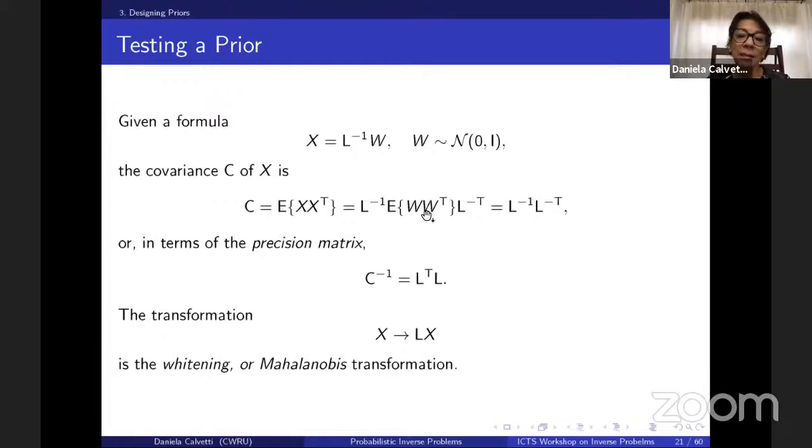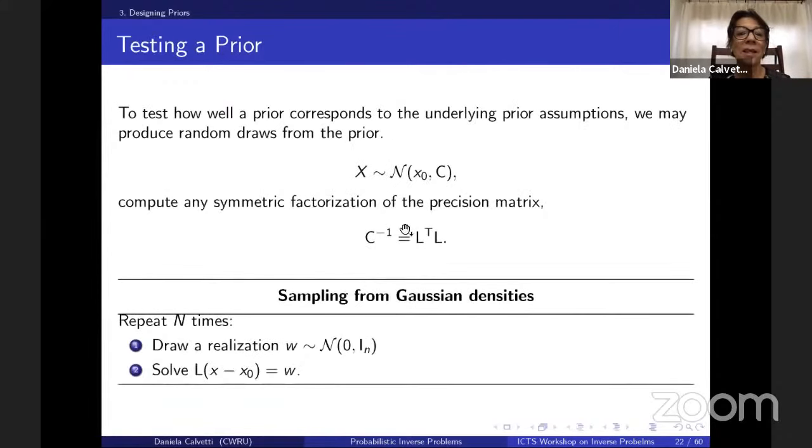If we have this relation, we can draw white noise and color it: we go back, draw, and then look at what X looks like. Essentially, this is all of the formula for sampling from Gaussian densities. That's what makes Gaussian densities really a favorite, because we can simulate them easily on a computer.